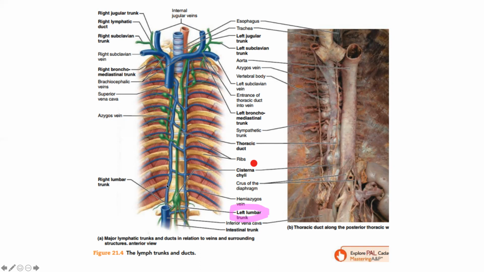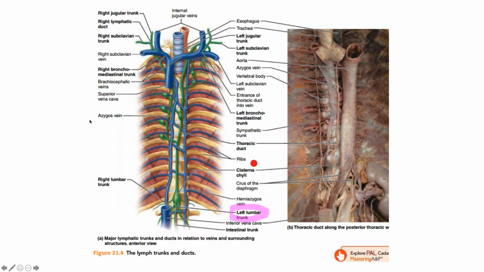Here, I want you to appreciate a venous system, which we call the azygous venous system. I want you to appreciate two veins here on either side of the thoracic duct, which are just lying in front of the vertebral column.